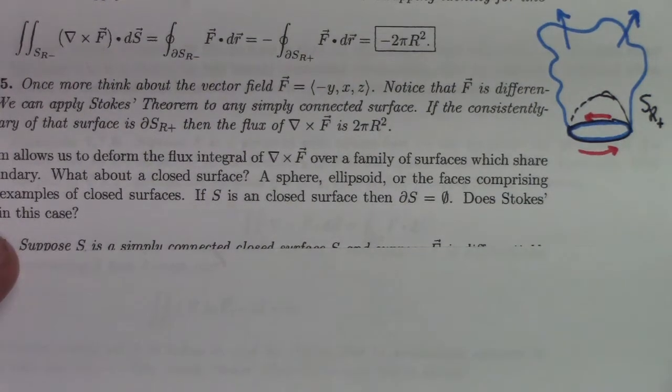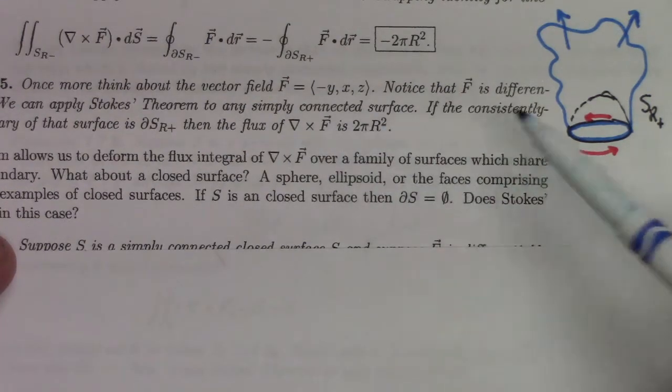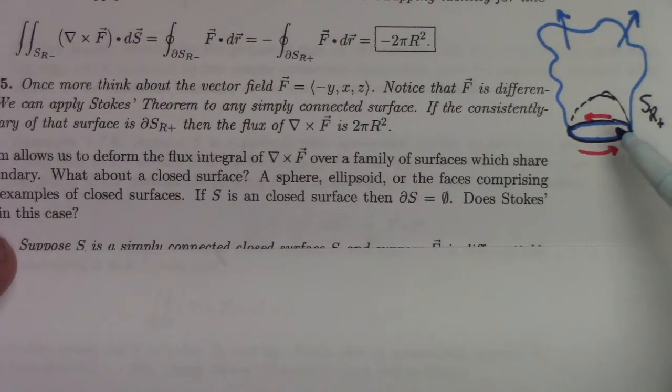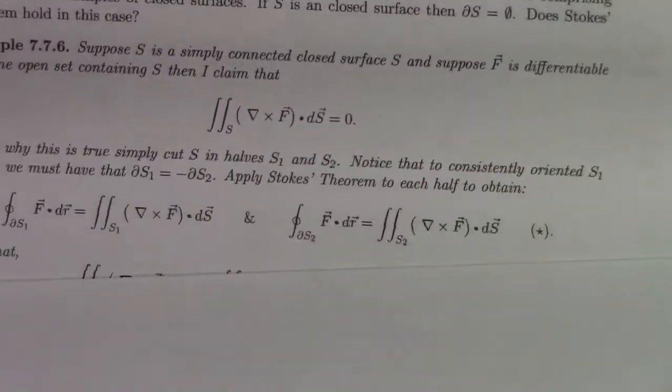So that's very, very interesting, because that means that we can deform the hemisphere to something else and still get the same answer. Another thing you could do is squash the hemisphere to a disk. The flux of this curl through the equatorial disk oriented upward is also 2 pi r squared. So there's tremendous flexibility in Stokes' theorem once you understand this. All right.